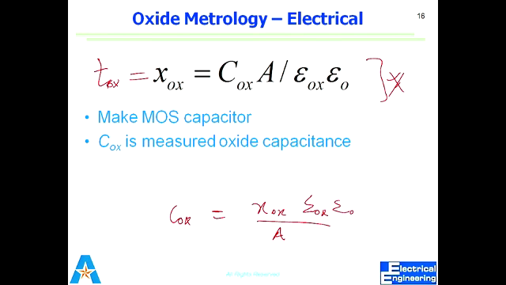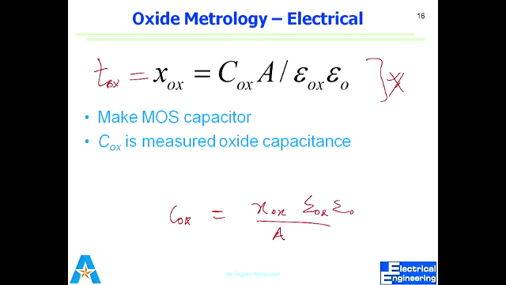So when you measure C oxide, this is what we will measure in the last lab. You know about T oxide because in the first experiment you will be measuring the thickness of the oxide. So when you know the oxide thickness, you can calculate C oxide as well, right?